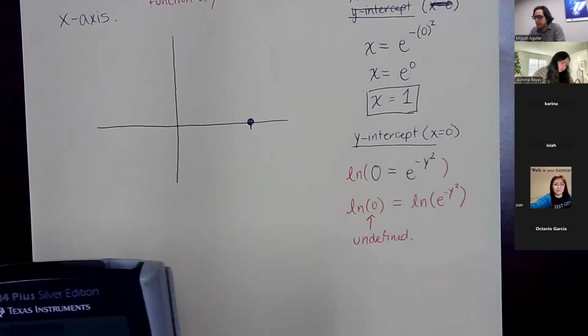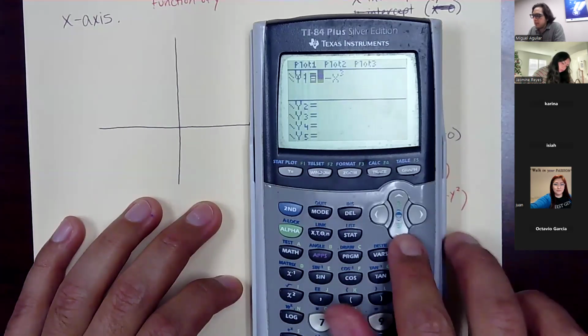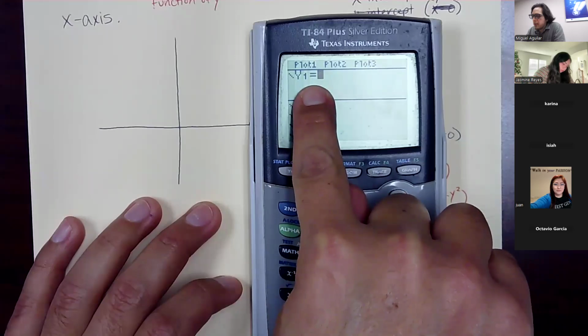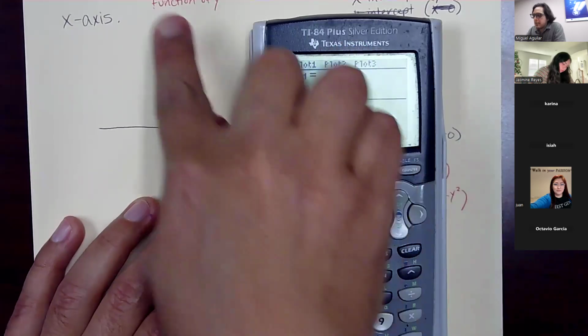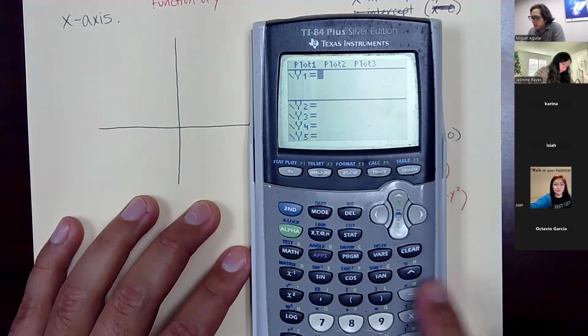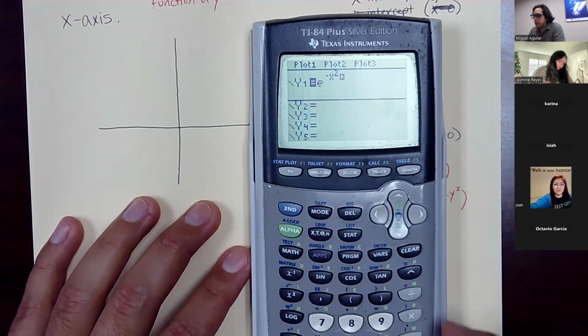So let's maybe think about this a different way. If we graph this, I know that this says y, but I'm going to swap the variables, right? y equals e raised to the negative x squared power, and then graph it.